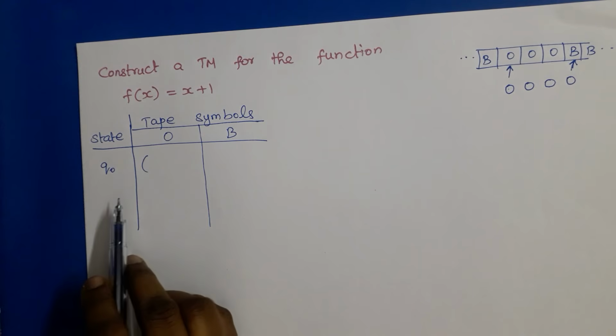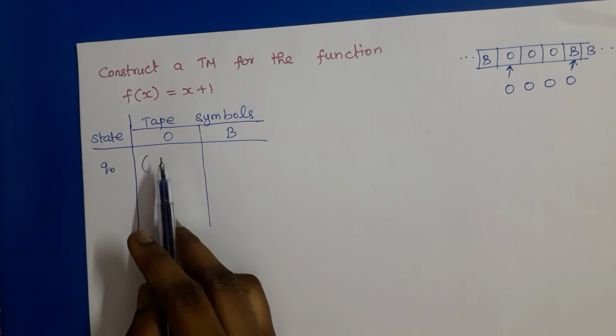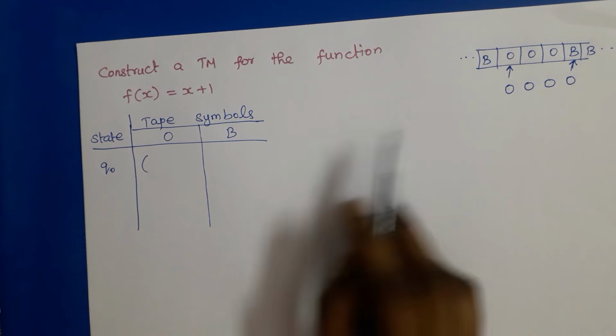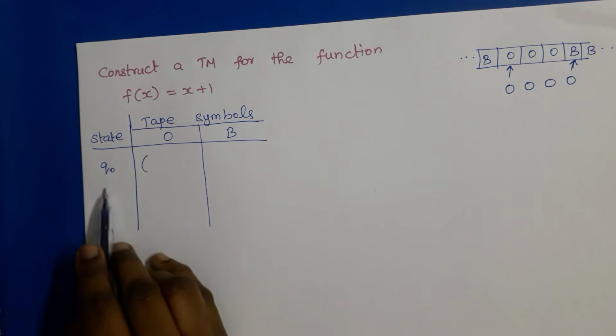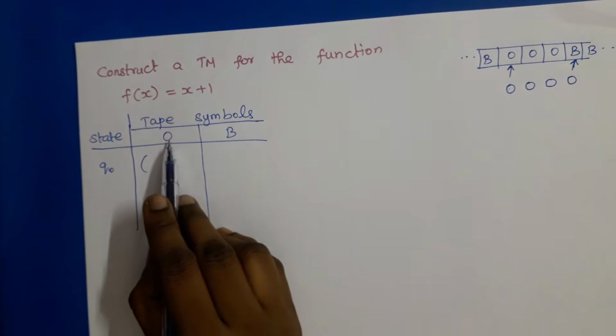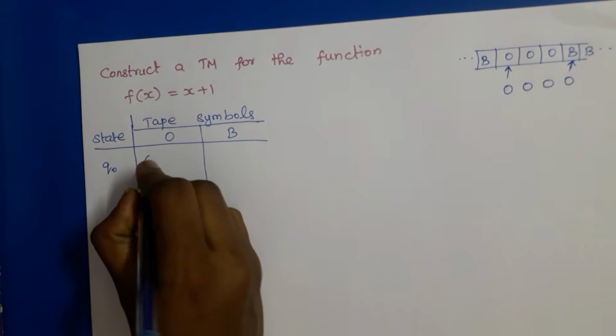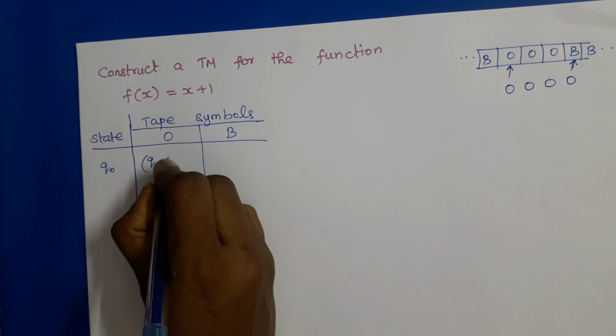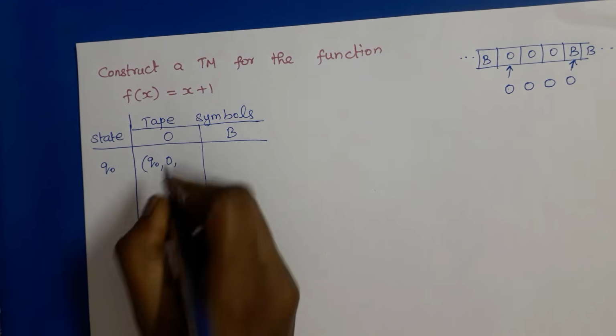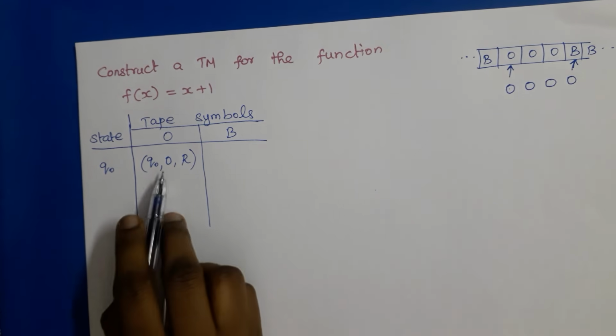Otherwise we have to write for every new symbol. It is not possible for the general case. So if we are in state Q naught and tape symbol 0, no change in state and no change in tape symbol, just move right side.